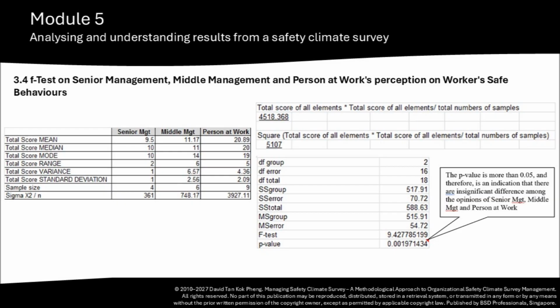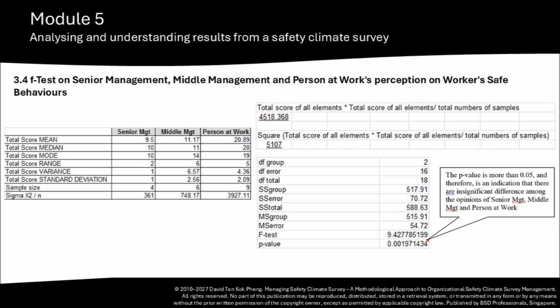The F-test was used to compare the mean responses of the three groups and evaluate whether the observed differences in opinions were statistically significant. Based on the results obtained, the calculated F-value exceeded the critical F-value, and the significance level was found to be less than 0.05.